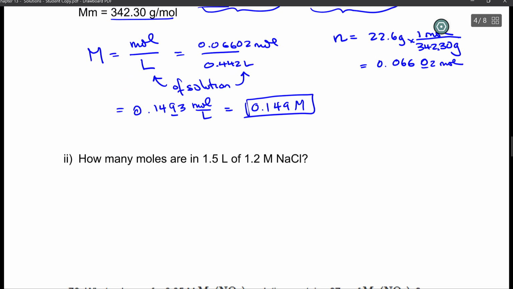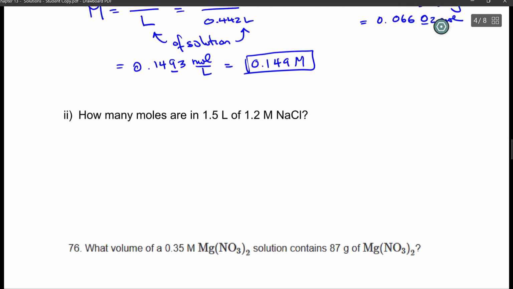Here's another example of a molarity problem. How many moles are in 1.5 liters of 1.2 molar sodium chloride? Now, the first thing I tell my students to do is to go ahead and write this as 1.2 moles per liter. Once you have the unit, and you notice I put the line all the way across to be clear, that 1.2 goes with the moles.